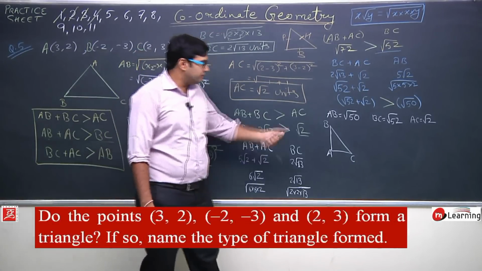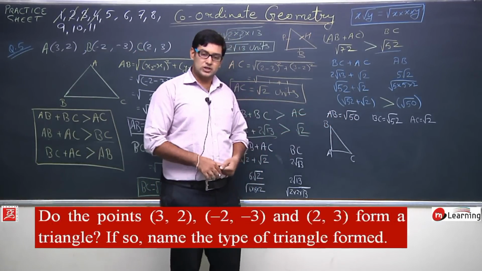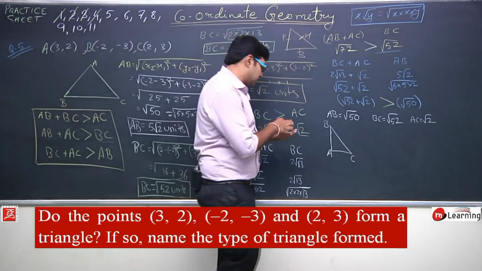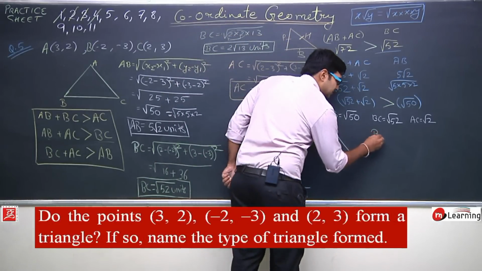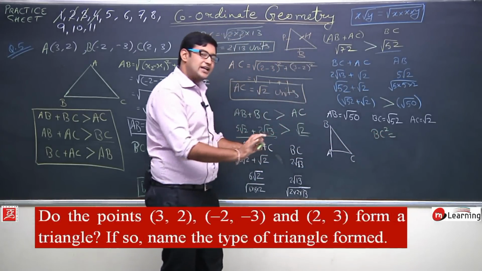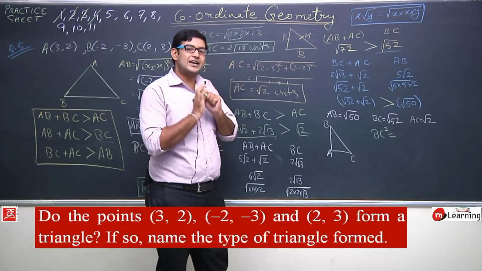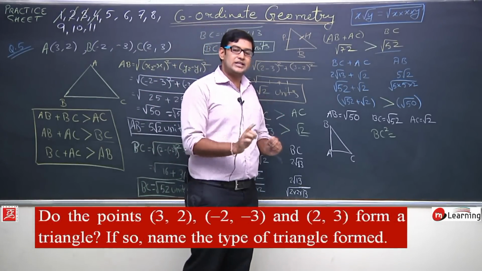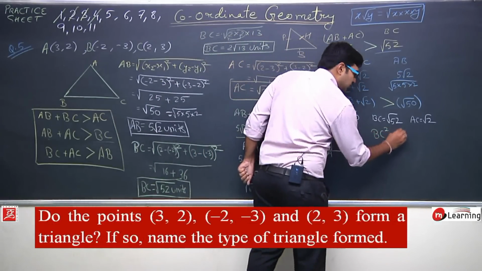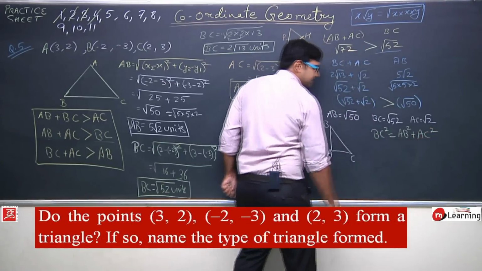Now, if this triangle is a right angle triangle, then we can check the validity of Pythagoras theorem. According to Pythagoras theorem, we have BC square, that is hypotenuse, because if it is a right angle triangle, then BC has to be the hypotenuse. BC के अलावा कोई भी side hypotenuse तो नहीं हो सकती. So BC square is equal to AB square plus AC square.